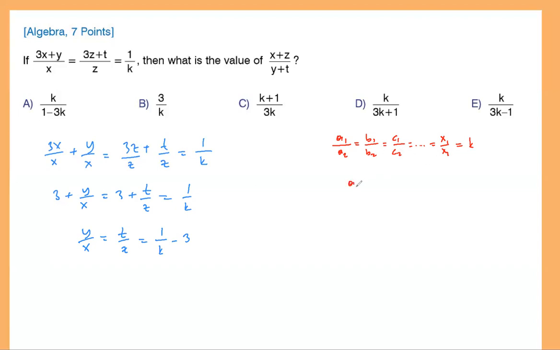What I mean by that is, let's say I add a1 and b1, and then I add a2 and b2, and this fraction is going to be equal to all of these fractions as well. And if I want to add 3 of those, which is a1, b1, c1, all divided by a2, b2, and c2.